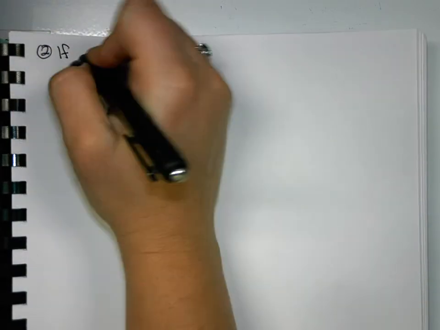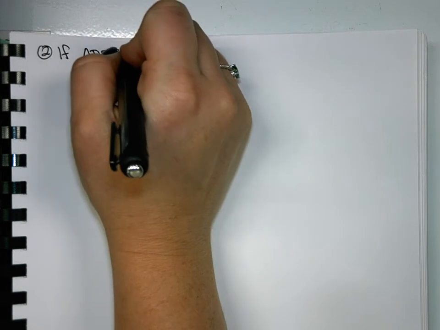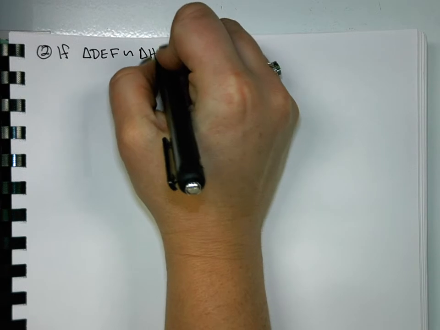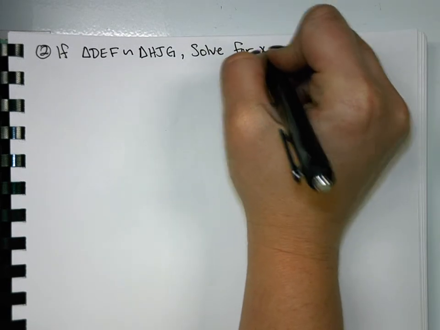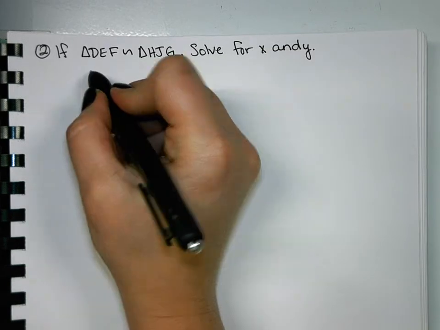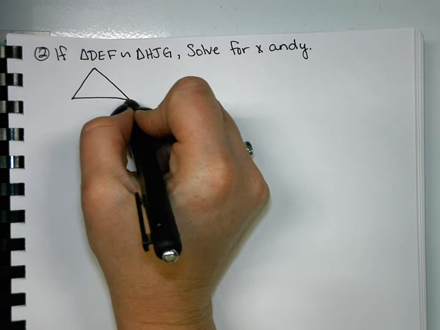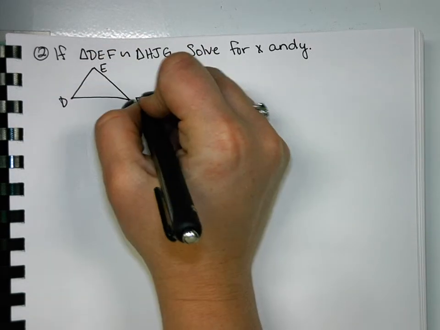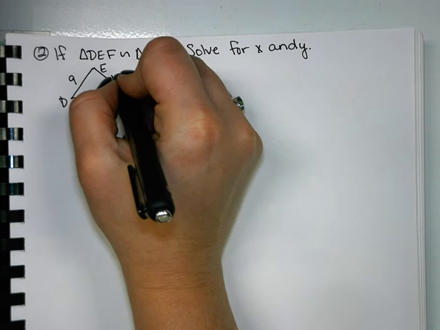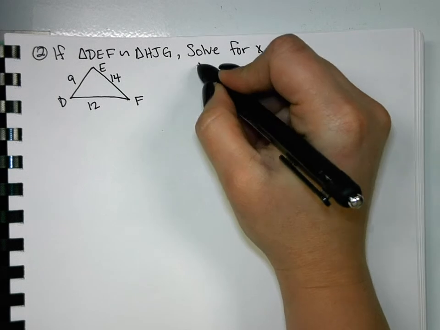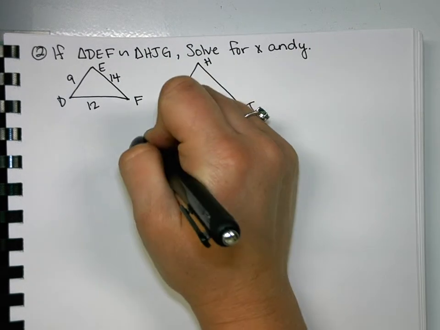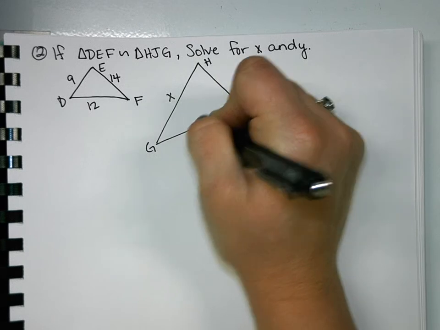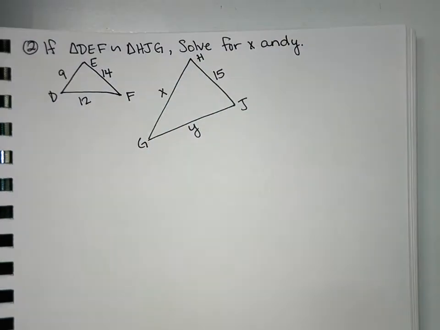So in number 2, if triangle DEF is similar to triangle HJG, solve for X and Y. So this could be what one of your problems looks like.